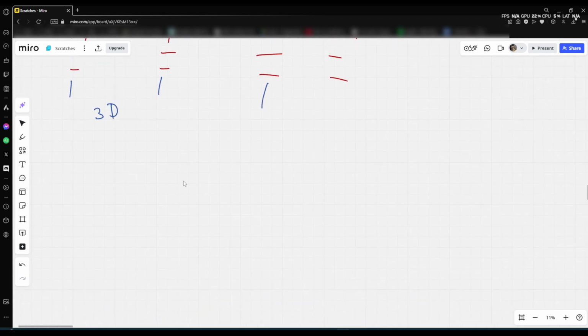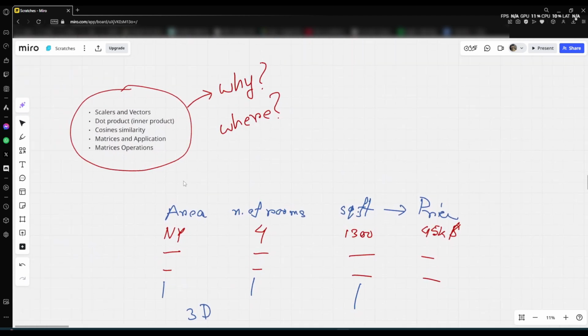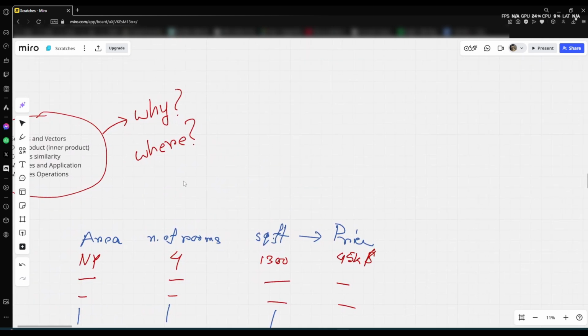Okay, so first of all, we will start with scalars and vectors. So what is a scalar? A scalar is just a numerical value, which represents a magnitude or a quantity, and a vector is another numerical value which has both magnitude and direction. In data science or machine learning, a vector doesn't necessarily mean an object with a physical direction like in physics.